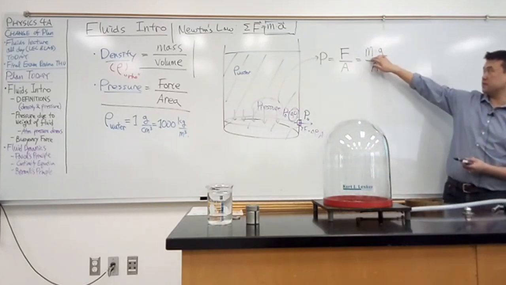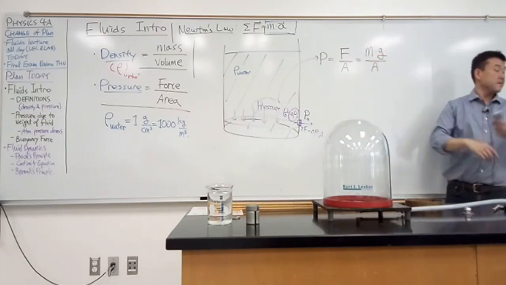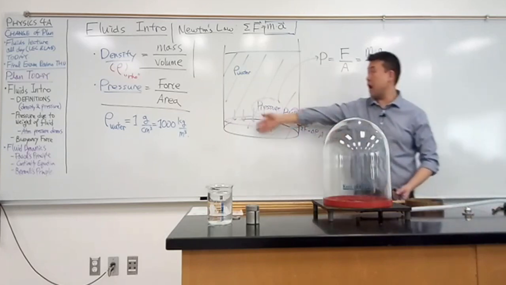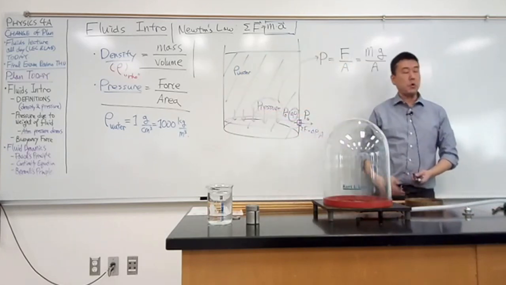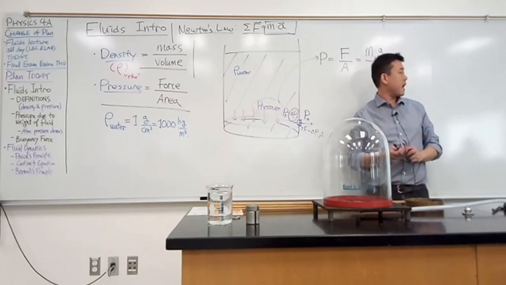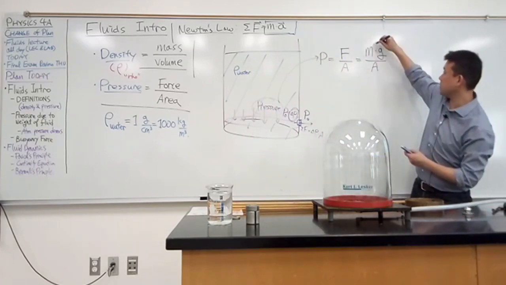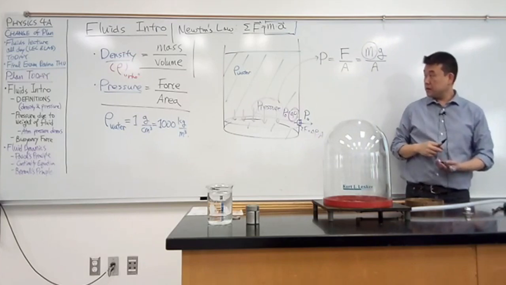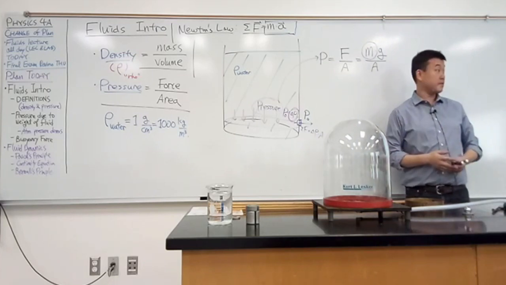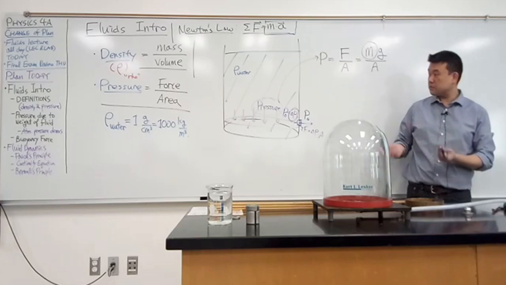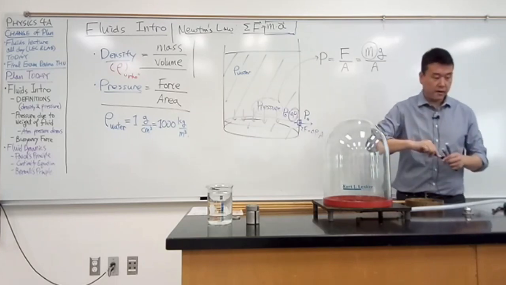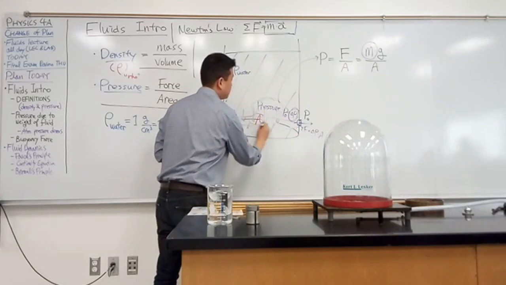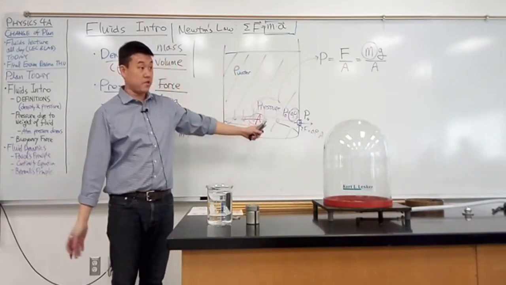Now, when you write it this way, this mass is going to depend on a whole lot of quantities. It's going to essentially depend on how much water there is here. So I want to rewrite this mass in terms of some simple parameters that I can measure. Some simple parameters that I can measure are things like the area. The cross-sectional area here, I can measure once and it'll never change, it's constant.